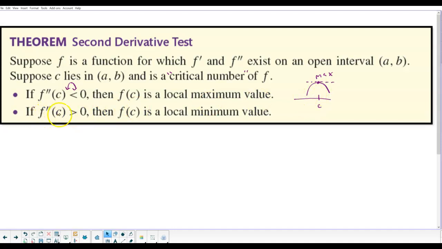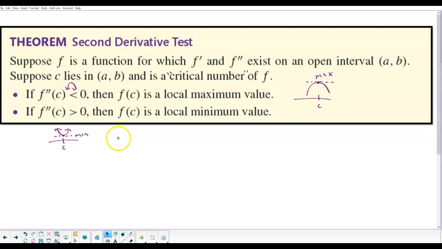Likewise here, suppose f double prime of c is concave up, so it's greater than 0 at c. So let's just say we've got a c value here. We know it's a critical value, so we know that the first derivative is 0. And then it has to be a local minimum at c because we're concave up and the slope is 0 at c.